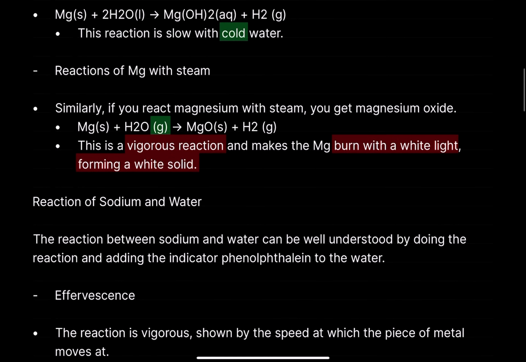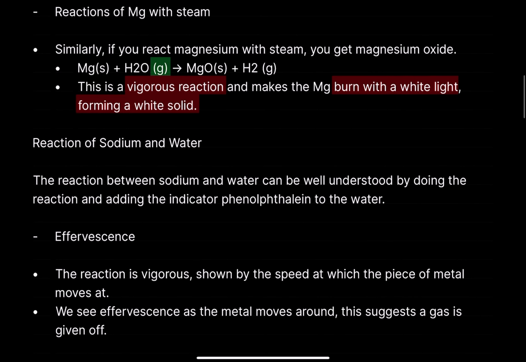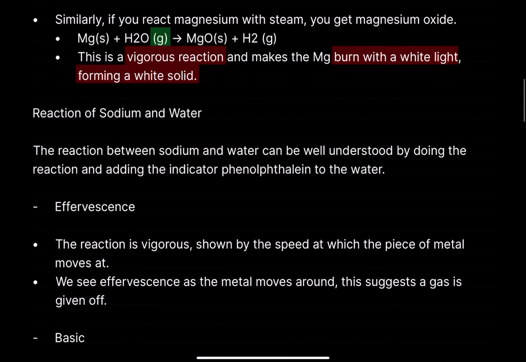Now, you'd expect effervescence, and the reaction to be vigorous, as shown by the speed at which the piece of metal moves. I'll show you a picture of it below here, but we see effervescence as the metal moves around, and this suggests that a gas is given off. If you've ever seen this reaction from GCSE, we're dropping the sodium metal into some water, and it fizzes around, and that's because it's emitting H2 gas, which causes that little forwards motion, the forwards trajectory, causing it to fizz around.